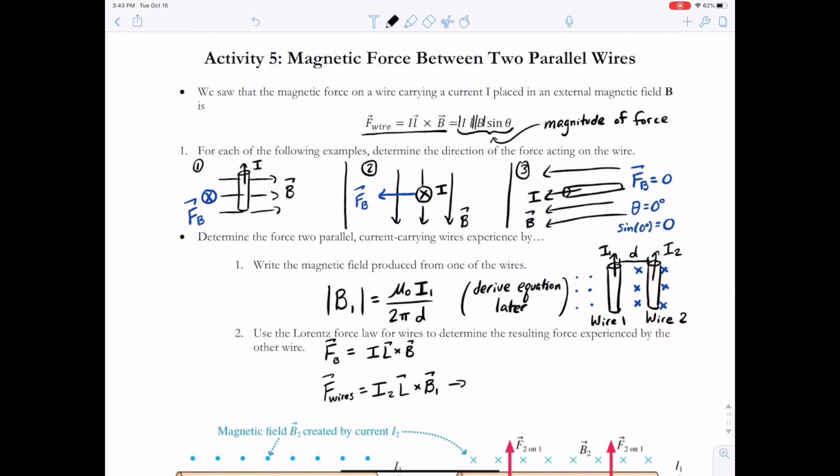If we were then to find the magnitude of this force, here's what we'd find. Force between the wires is equal to I2 L B1, and it would be sine 90 degrees because our current and our magnetic field are perpendicular. We have an expression already for B1. So substituting that in, here's what we'd find.